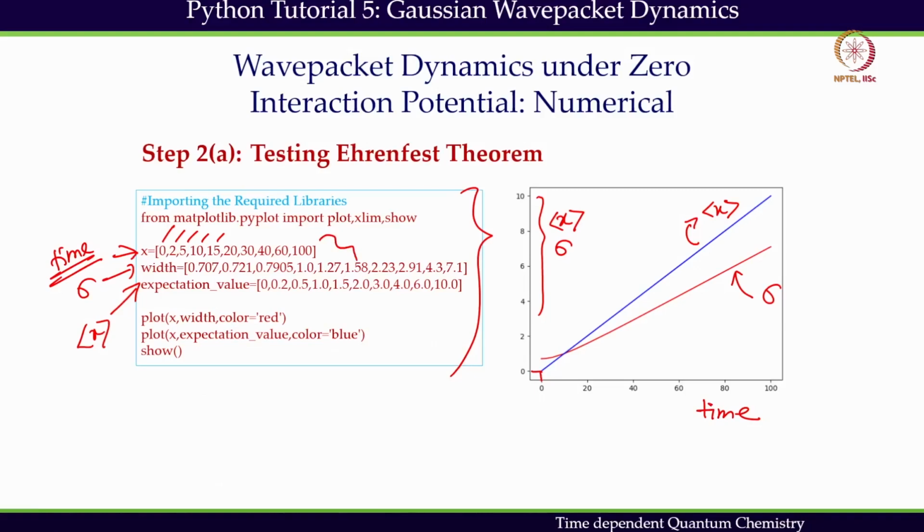We see that at 0 time, when I start the dynamics, the center position is 0. That is expected because we started with the wave function centered at the 0 position, and it's linearly changing the position.